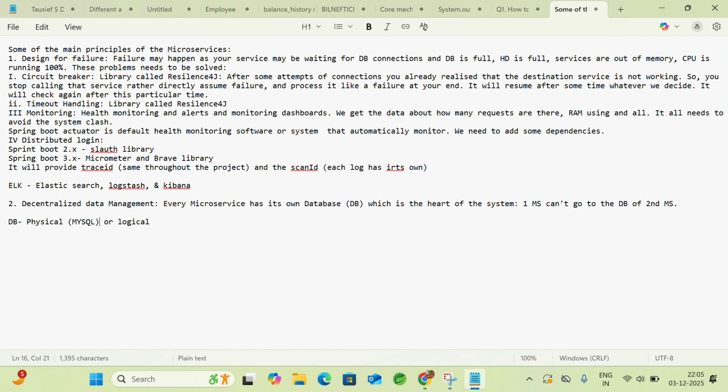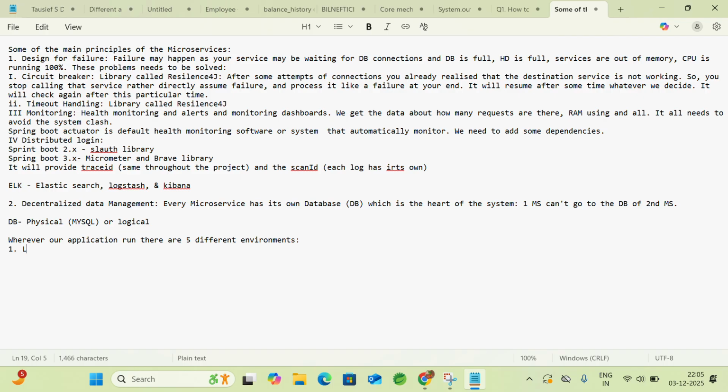And wherever our application runs, there are 5 different environments.